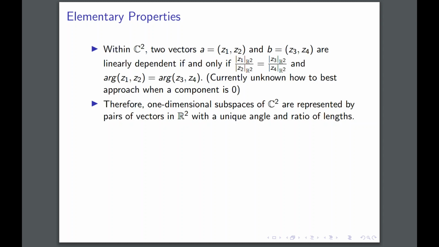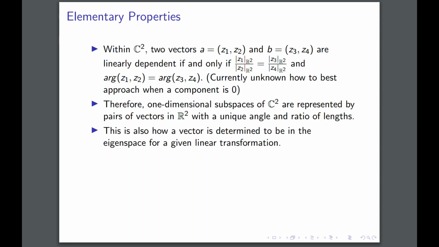And so we have that one-dimensional subspaces of C2 are represented by a pair of vectors in R2 with a unique angle and ratio of lengths. This is also how a vector is determined to be in the eigenspace for a given linear transformation, is to just see if two vectors share the angle and ratio of lengths.